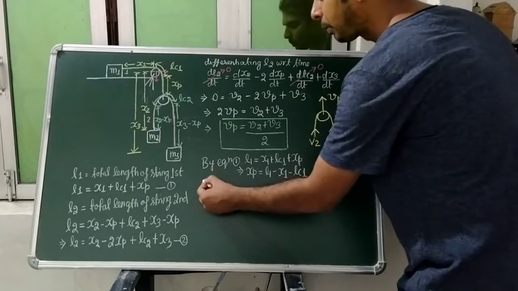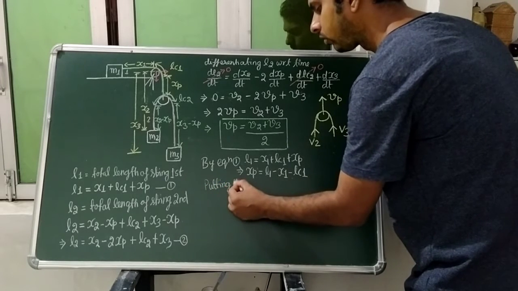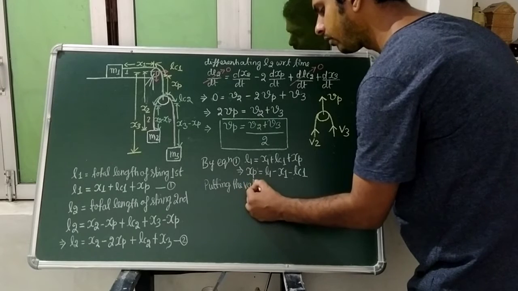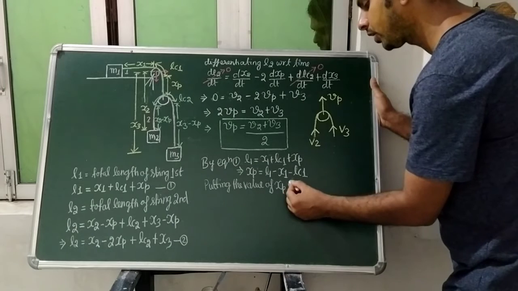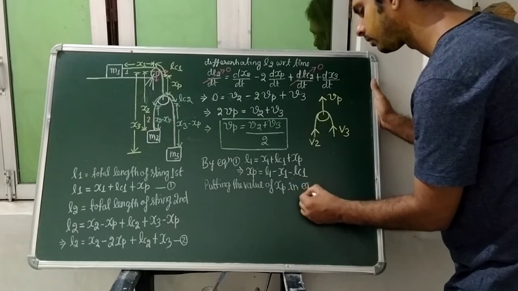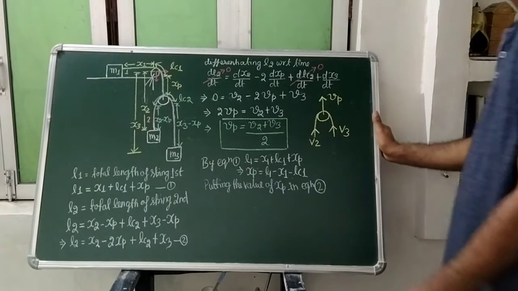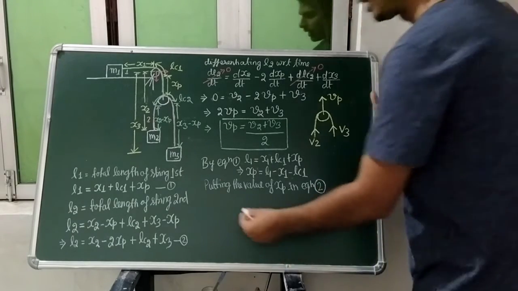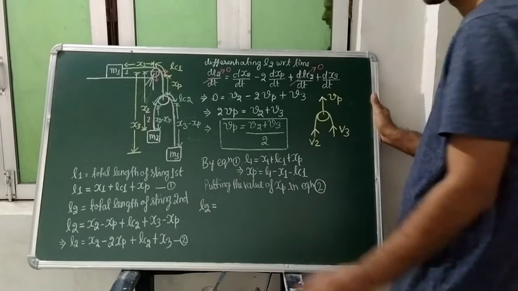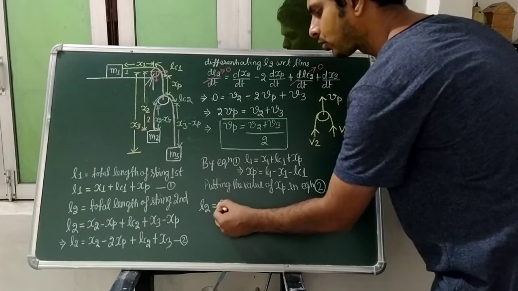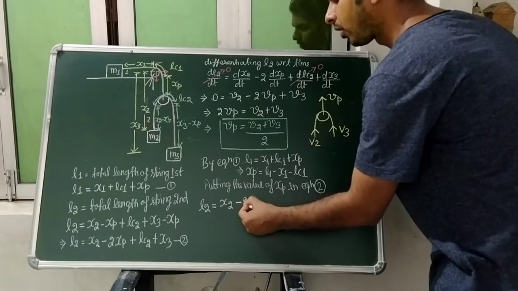So putting the value of XP in equation 2, what will we get, students? We will see that our L2 should be equal to X2 minus 2 times XP.